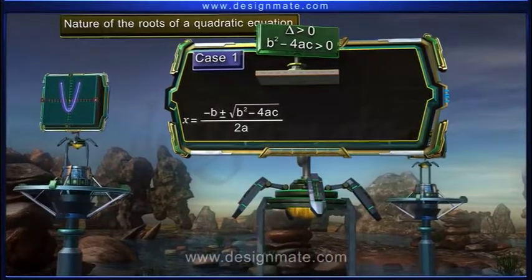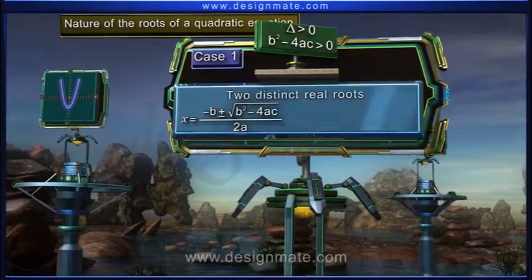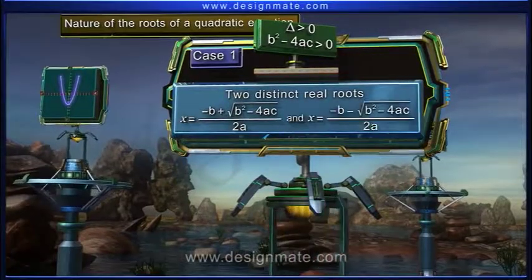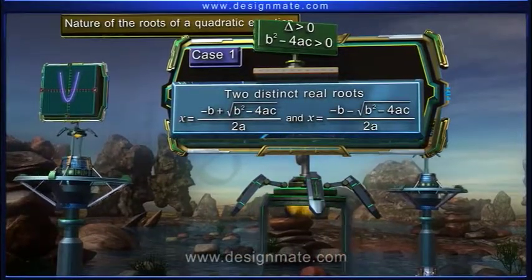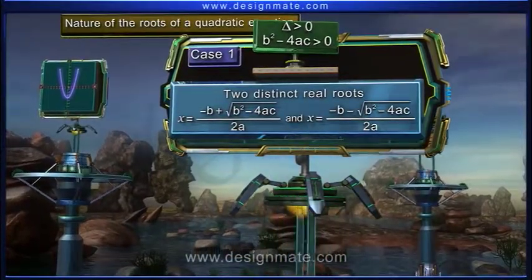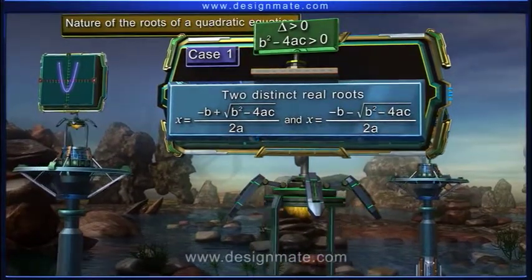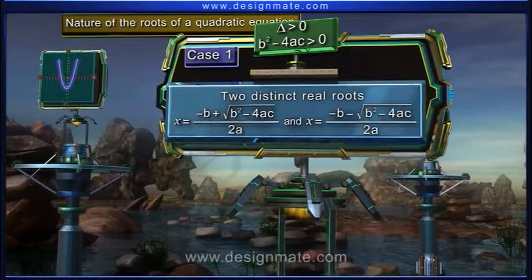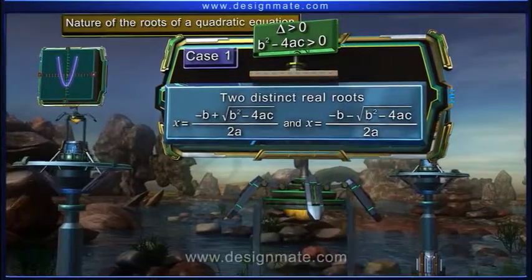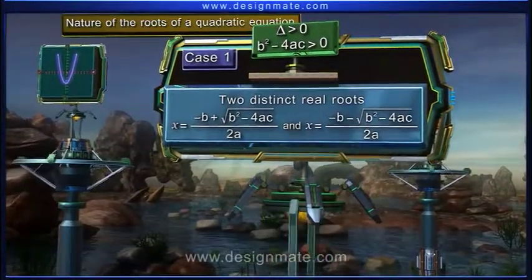Since we are going to add and subtract the square root, we will get two distinct real roots given by x = (-b + √(b² - 4ac)) / 2a and x = (-b - √(b² - 4ac)) / 2a.